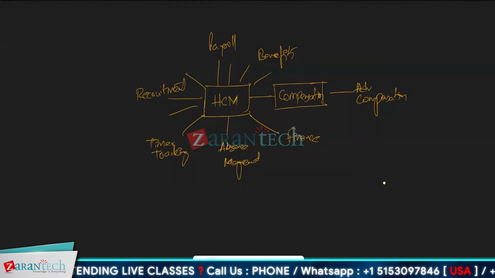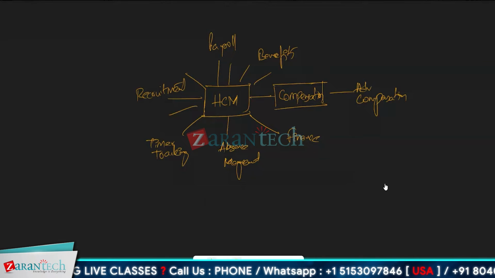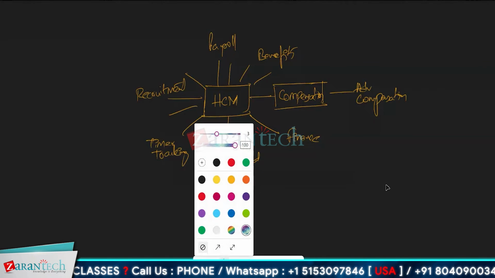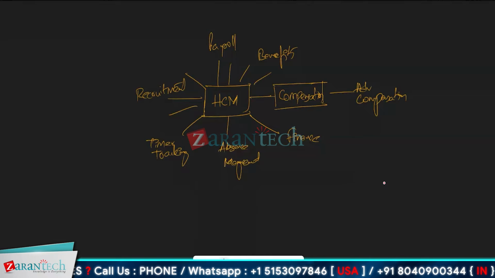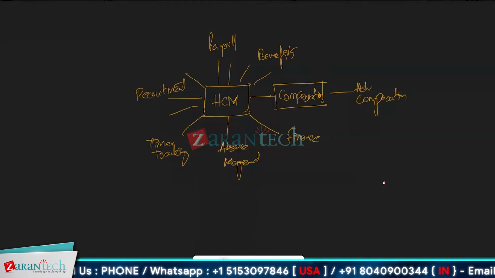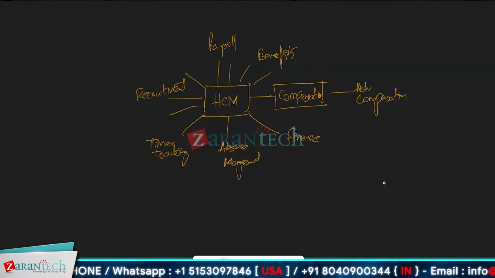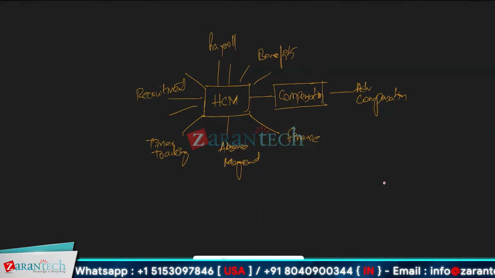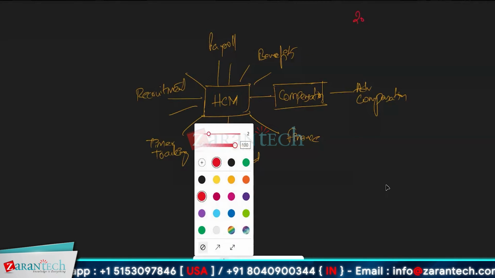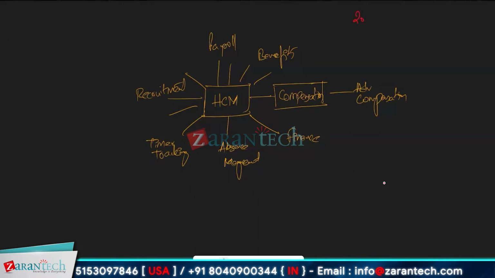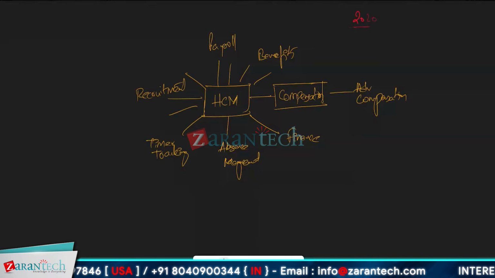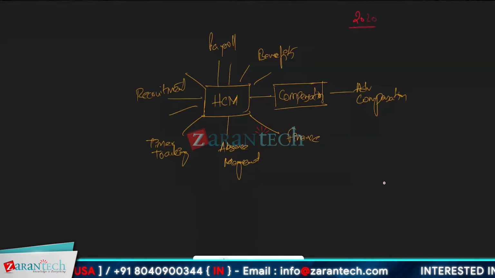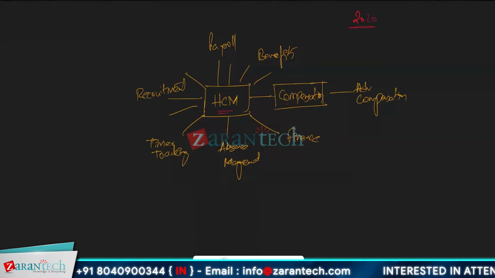Now, it is up to the client to choose. If they want to use a specific module, they can choose to use that module. If they don't want to use that module, they don't have to use it. So some clients, let's say they went live with Workday 3 years ago, somewhere in 2020. From 2020 until now, they have been using compensation and HCM.